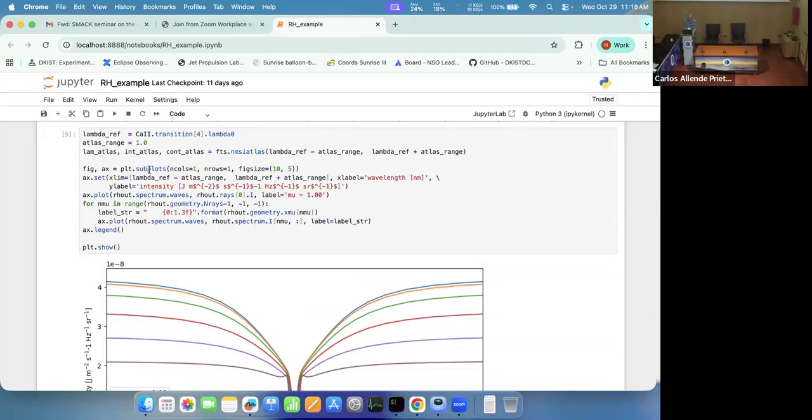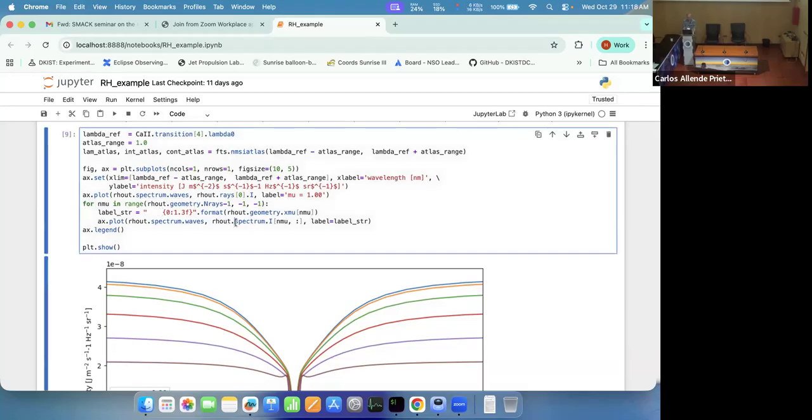The way I plot that is here. It's RH out, rays 0, which reads the files that are generated by solve ray, .I, intensity. And for each of the mu angles, it plots the spectrum .I for the different mu values and all the wavelengths.